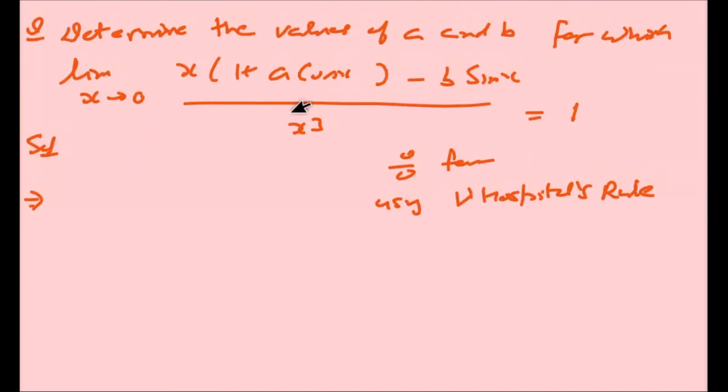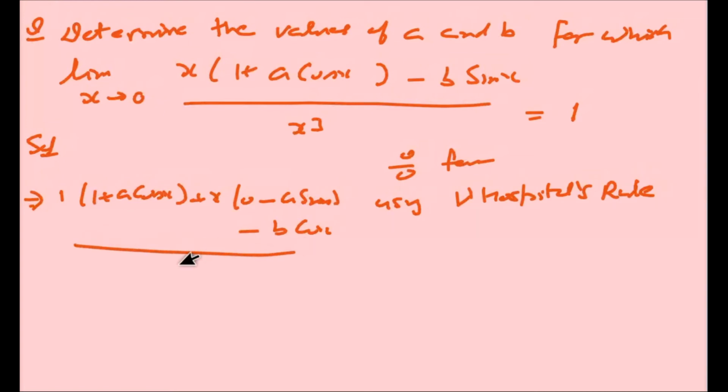We use the product formula here: (1 plus a cos x plus x times minus a sin x minus b cos x) upon 3x square, as x tends towards 0, equal to 1, the given answer.